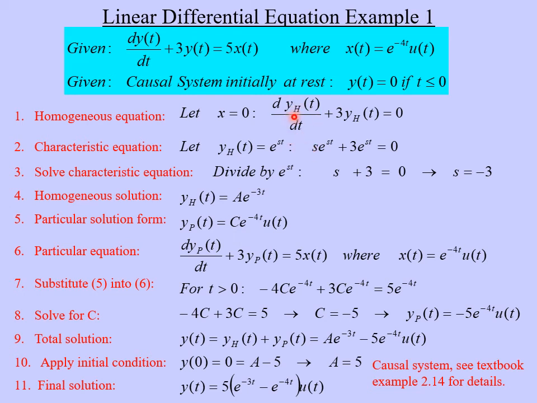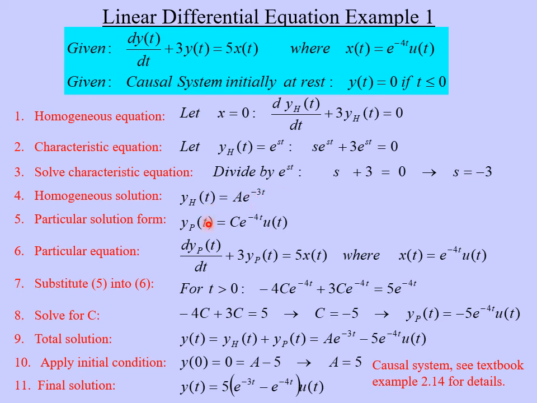This is a first derivative of y, so that's going to give me s, and here we have 3y, which is going to give me 3. So I have s plus 3 equals 0, or s equals -3. So we have just a single root because it's a first order equation. So my homogeneous solution, y sub h, is equal to A times e to the minus 3t. That minus 3 came from the root right here. We don't know what A is yet.